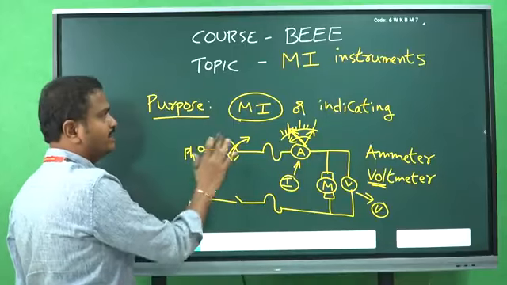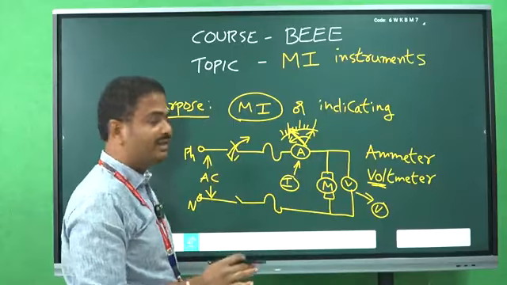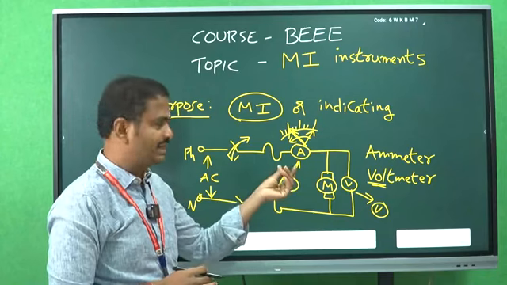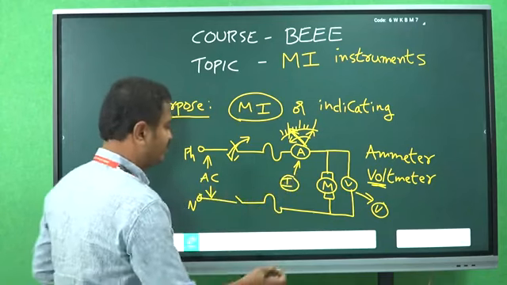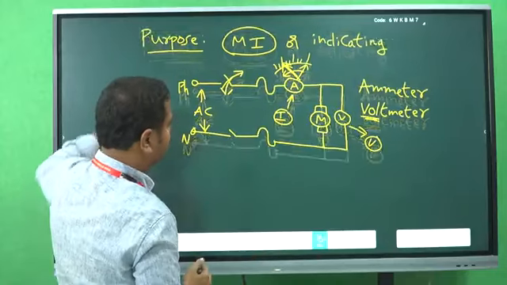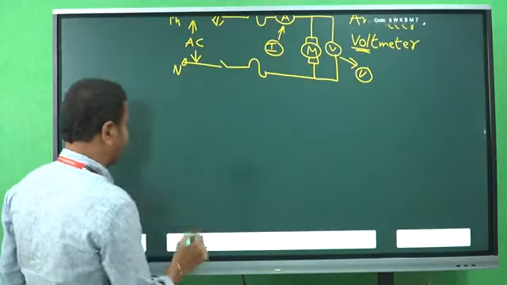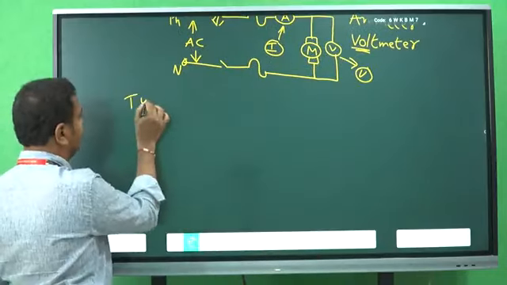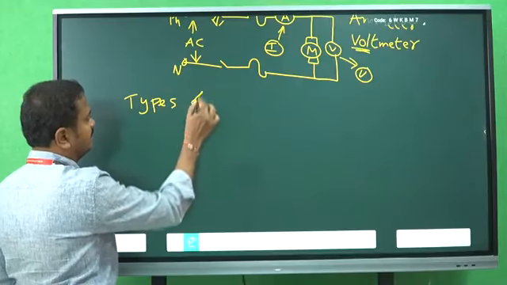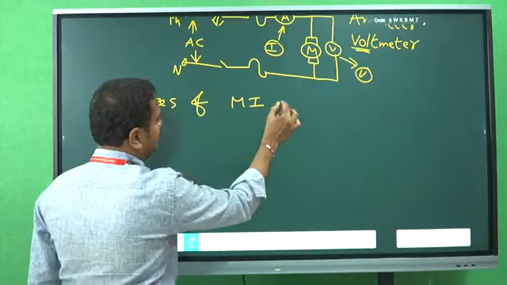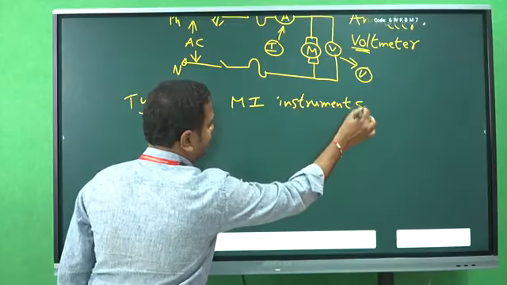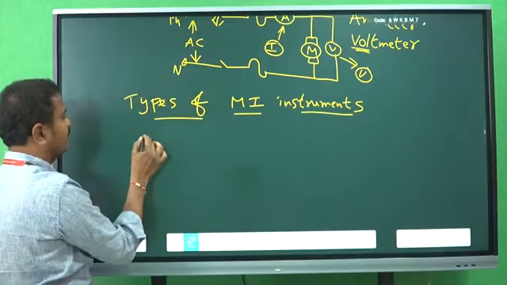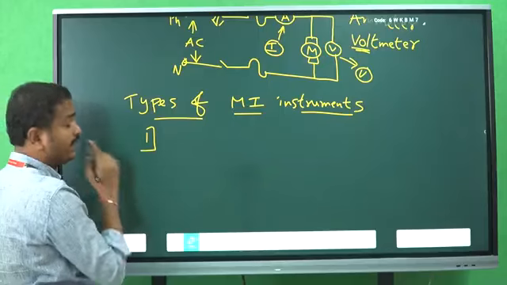What is the purpose? MI instruments are used to measure electrical quantities like current and voltage in a circuit whenever they are connected in the circuit. Okay. Now, types. What are the types of MI instruments? Here we have two types of MI instruments.